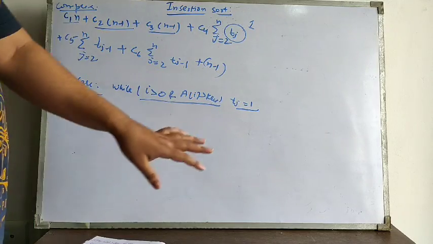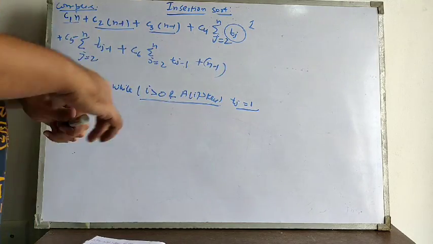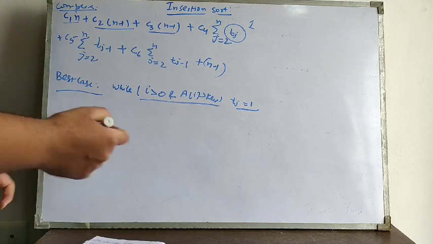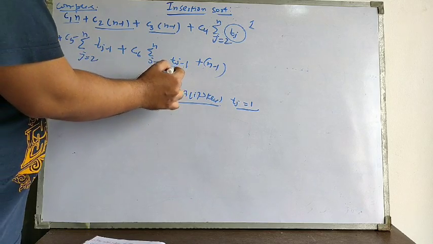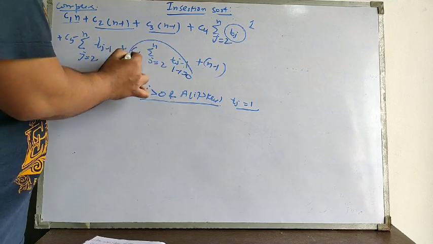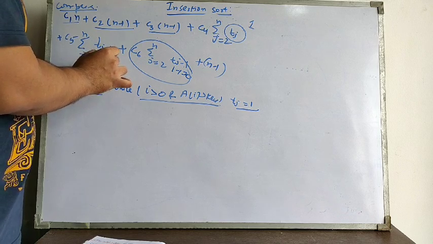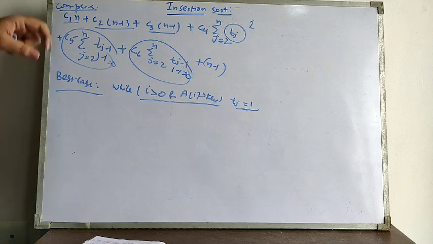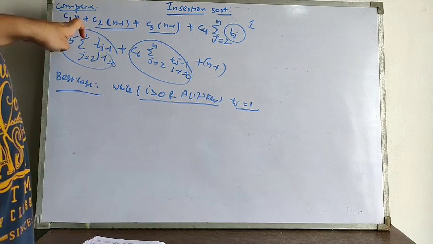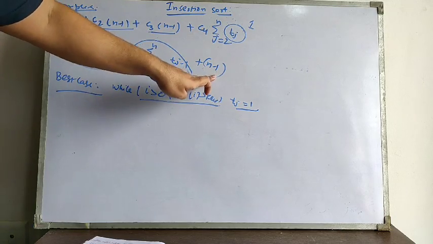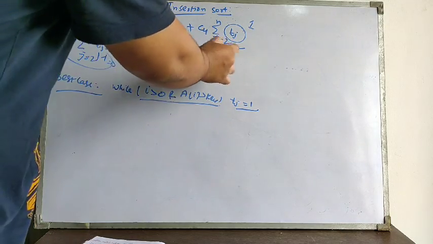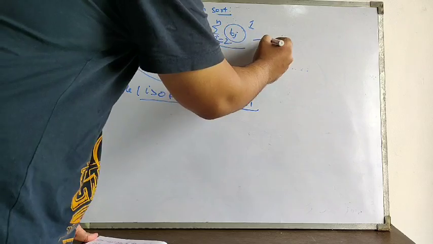Okay, so if I put Tj equal to 1, this will be 1, and this 1 minus 1 will be 0, so this term will be eliminated. This 1 minus 1 will be 0, so this term will be eliminated. Now the remaining terms are C1, C2, C3, plus n minus 1 and this one. Let's calculate this.